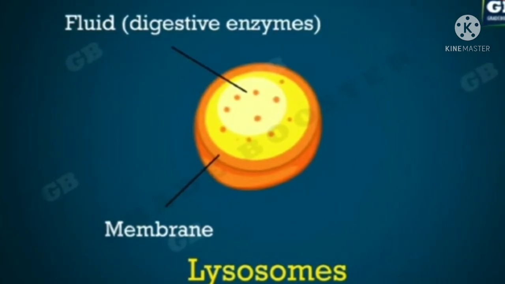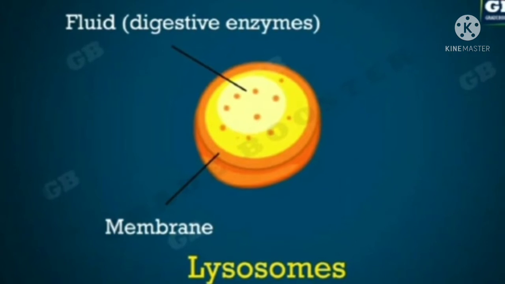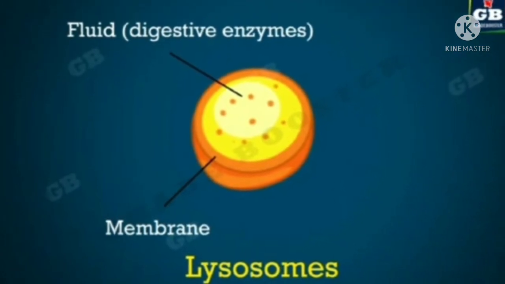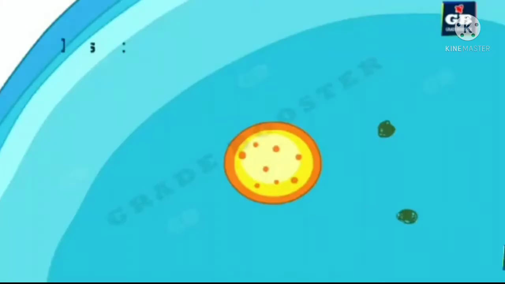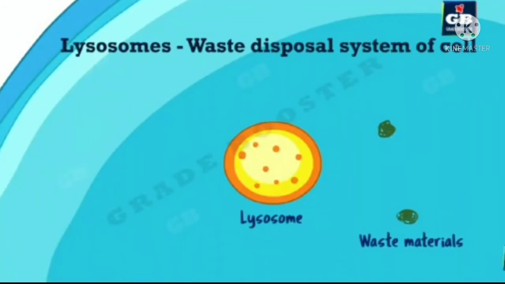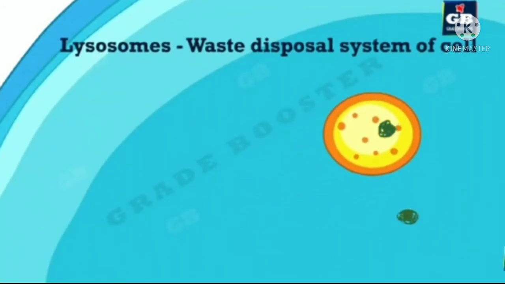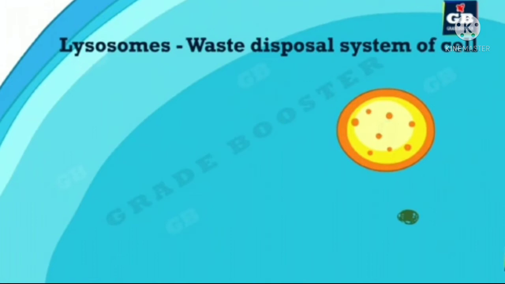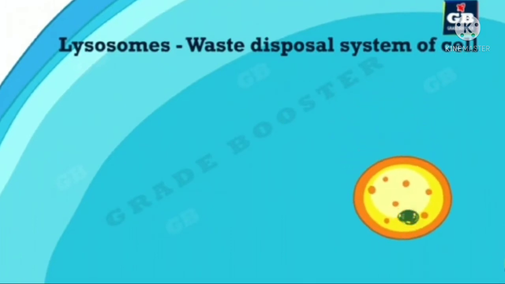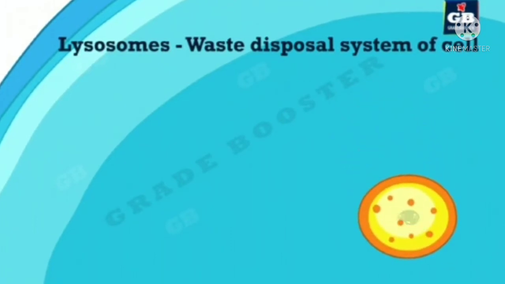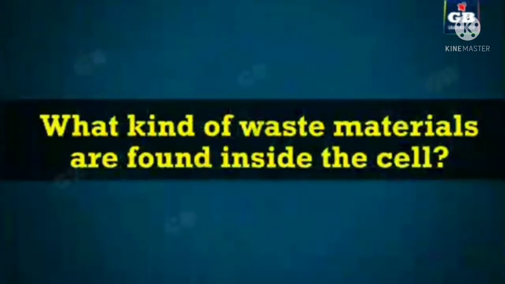Already we know about the breaking down of waste materials in the body by the lysosomes. The main function is to clean the waste and unwanted materials inside the cell. They are the waste disposal system of the cell. What kind of waste materials are found inside the cell?